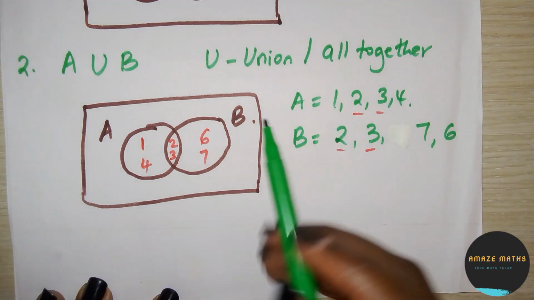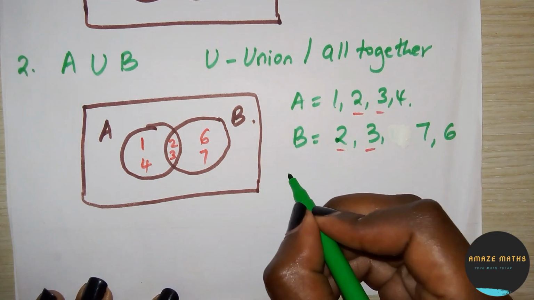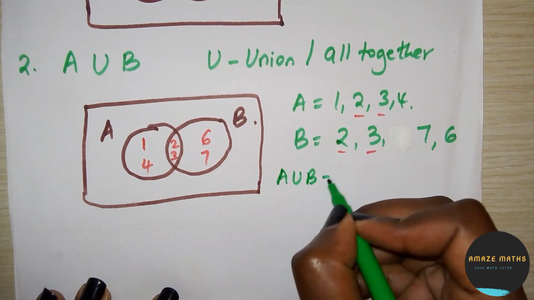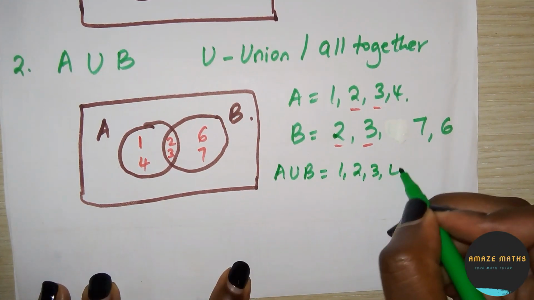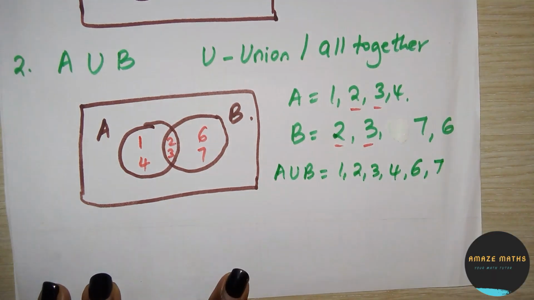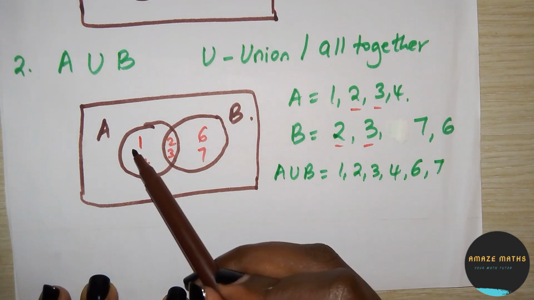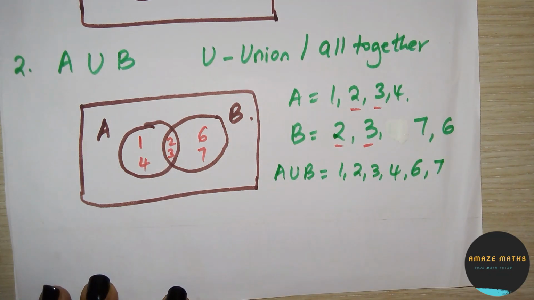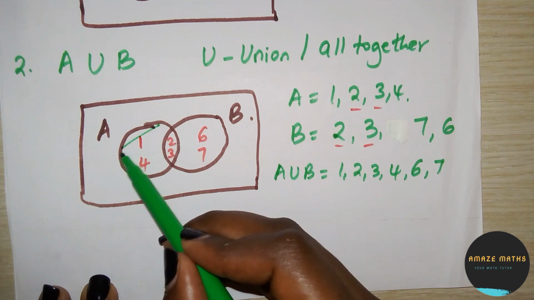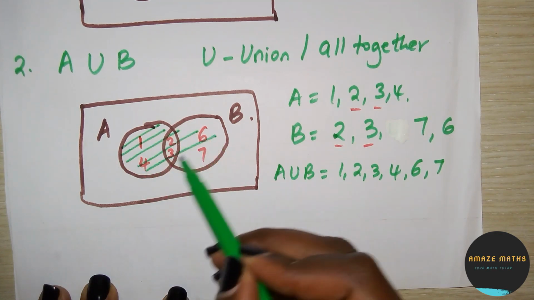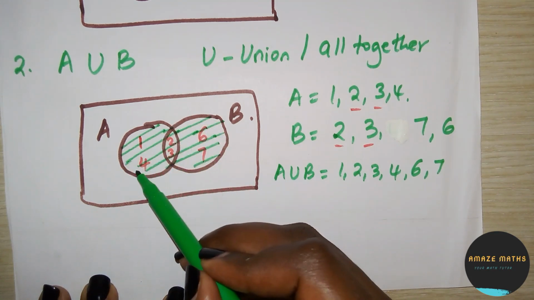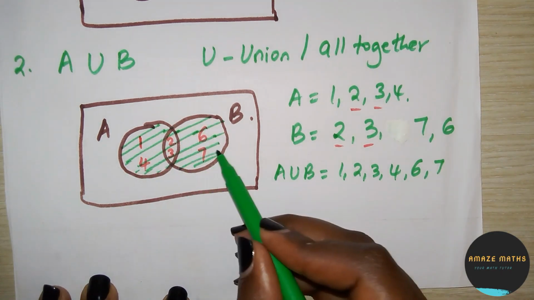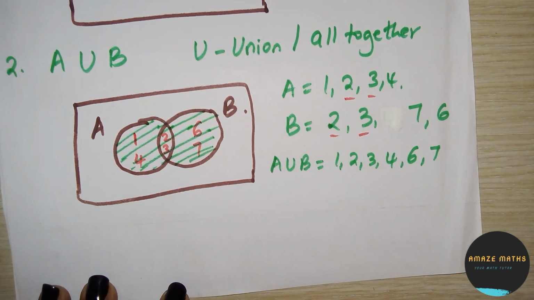Union means all the members together, so A union B would be all the numbers: 1, 2, 3, 4, 6, and 7. That region would be denoted by this, so I'm going to shade out both sets. Okay, so that's A union B.